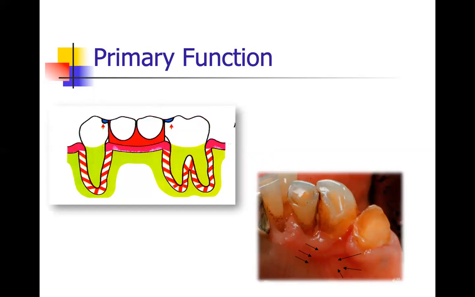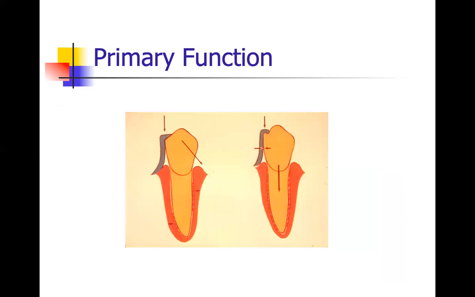Therefore, the denture must not impinge on the soft tissues under the masticatory load. Another primary function of the rest is that it directs all the occlusal forces along the long axis of the tooth. This rest is directing all the forces along the long axis of the tooth, thereby preventing orthodontic movement.